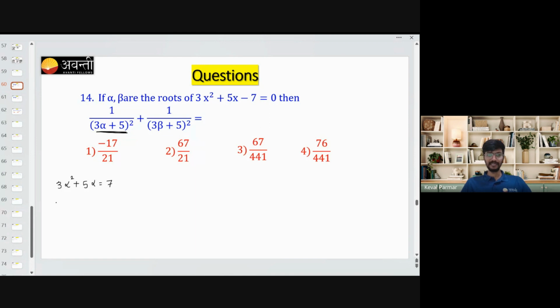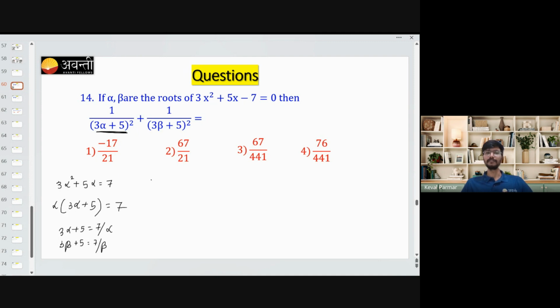So if I take alpha common, I'll get my required, which is 3 alpha plus 5, equals to 7. So what is 3 alpha plus 5? 3 alpha plus 5 is 7 upon alpha. Similarly, 3 beta plus 5 will be 7 upon beta.